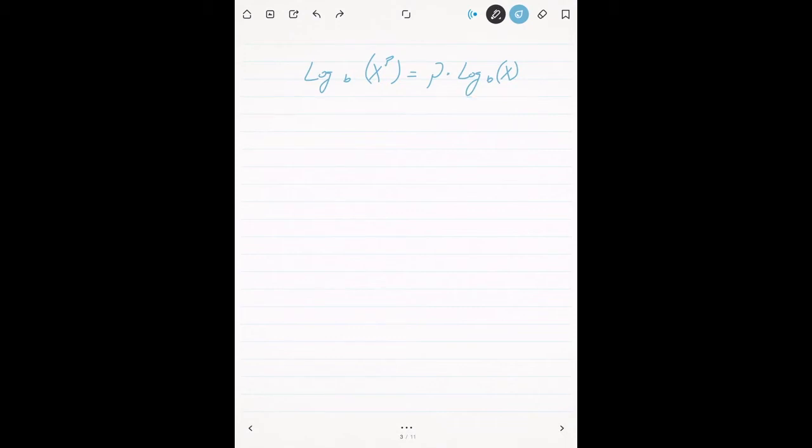So let's start with p times log base b of x. Keep in mind, log base b of x, that's just a number, right? It's going to be some number. And when I say p times all of this, that just means take log base b of x and add on that many more logarithms.